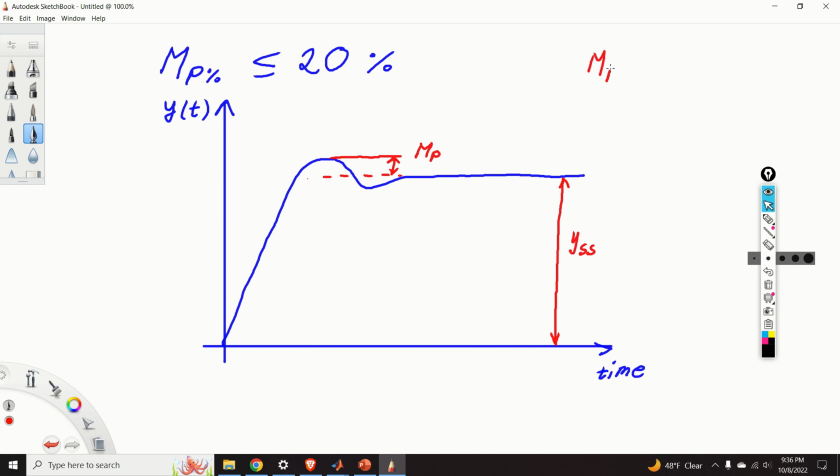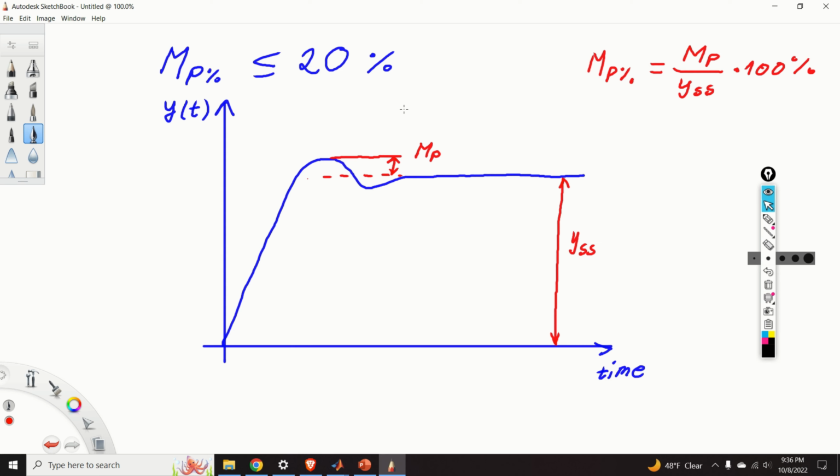So MP percentage is MP divided by YSS multiplied by 100%. Our closed-loop system should behave like this. On the basis of this specification, we have to tune our PID control algorithm.